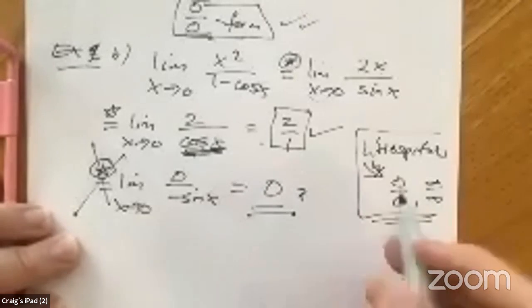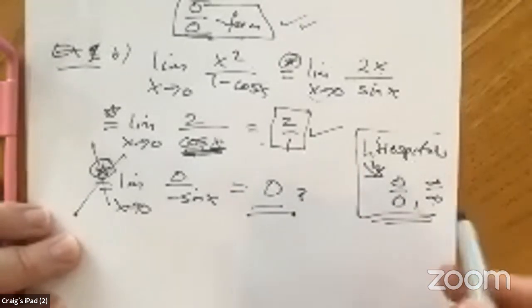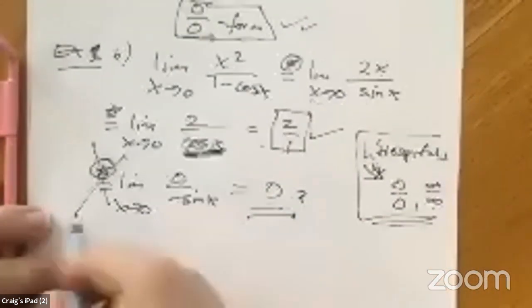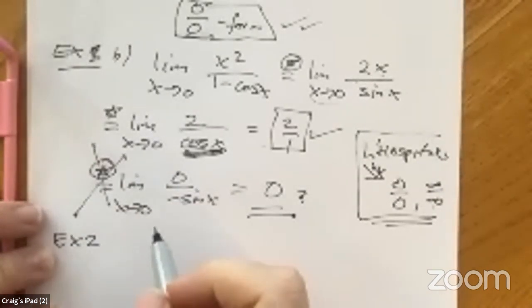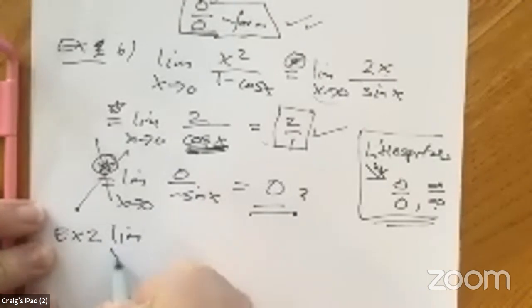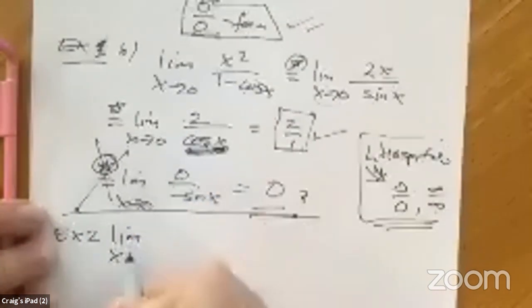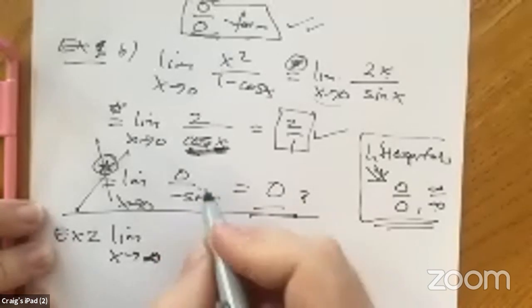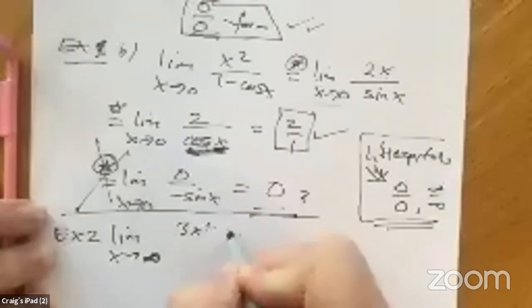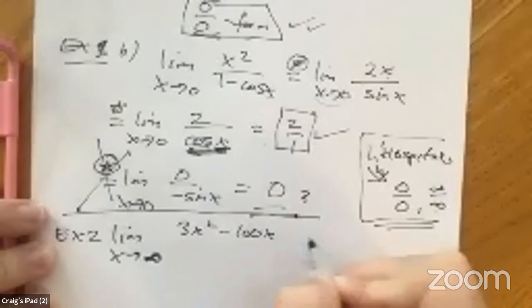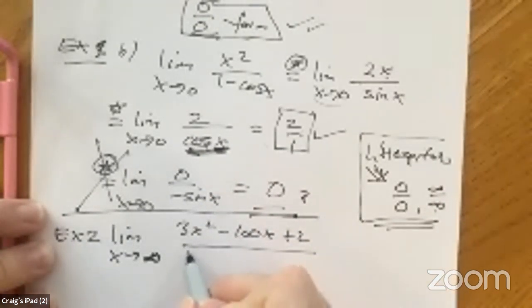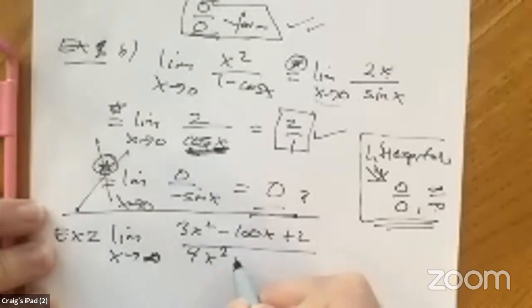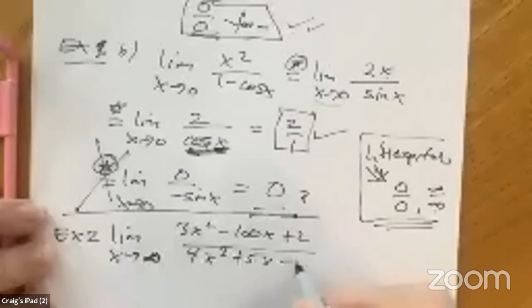So let's do an example where we use L'Hopital's when it goes to infinity divided by infinity. And so let's see, example 2. And we have the limit as x goes to infinity of 3x squared minus 100x plus 2, all divided by 4x squared plus 5x minus 1,000.